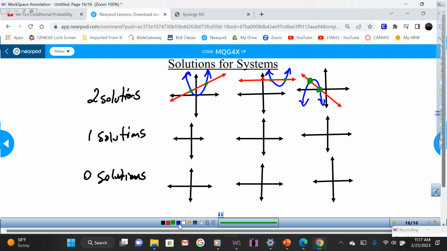All right, let's move on to one solution. This time I'm going to start with my parent function. I'm going to move it up, but upside down. So here it goes. There's my quadratic. Let me zoom in.